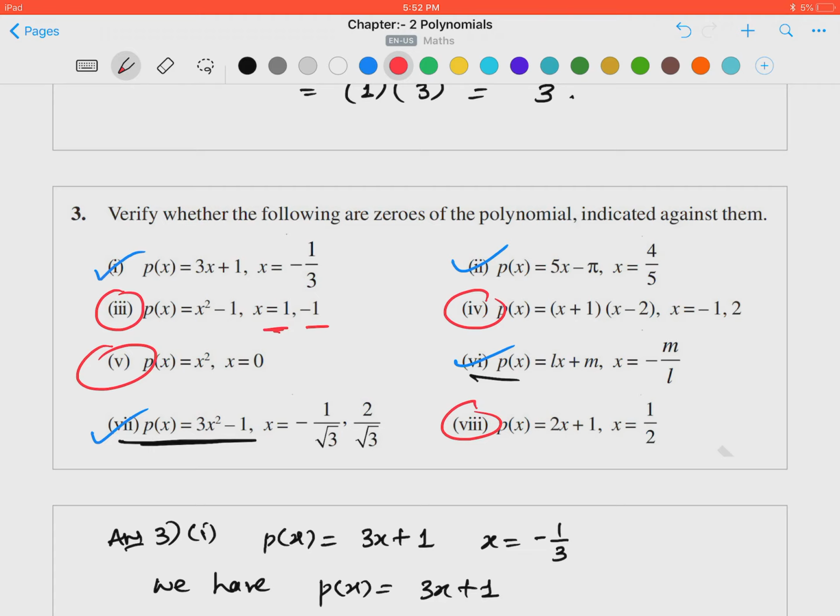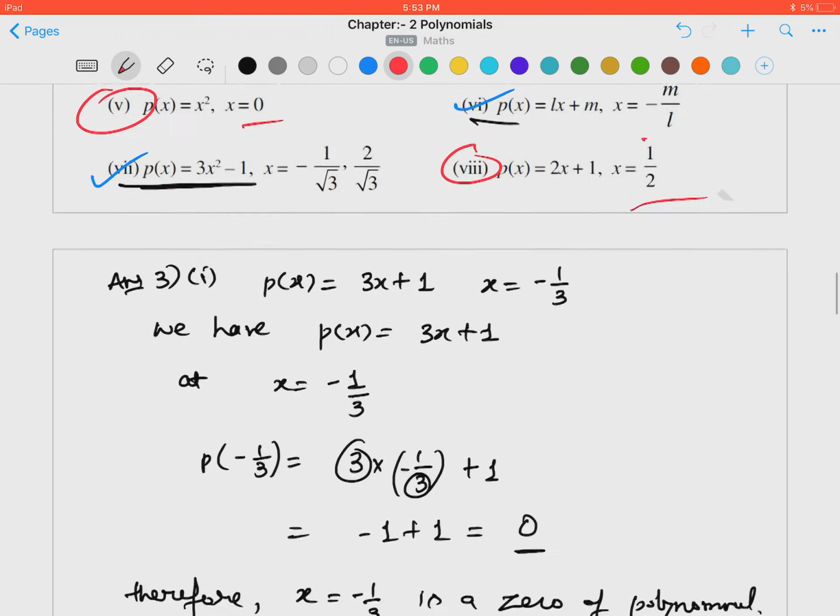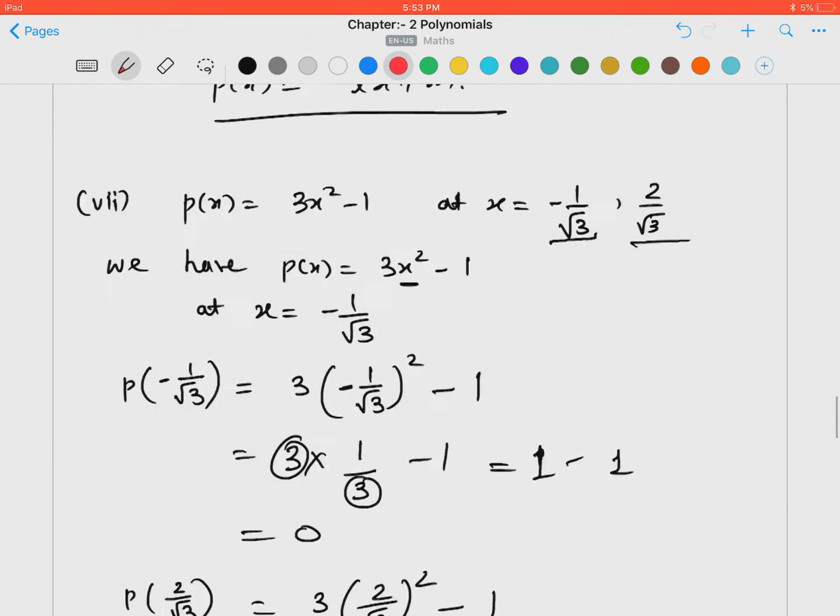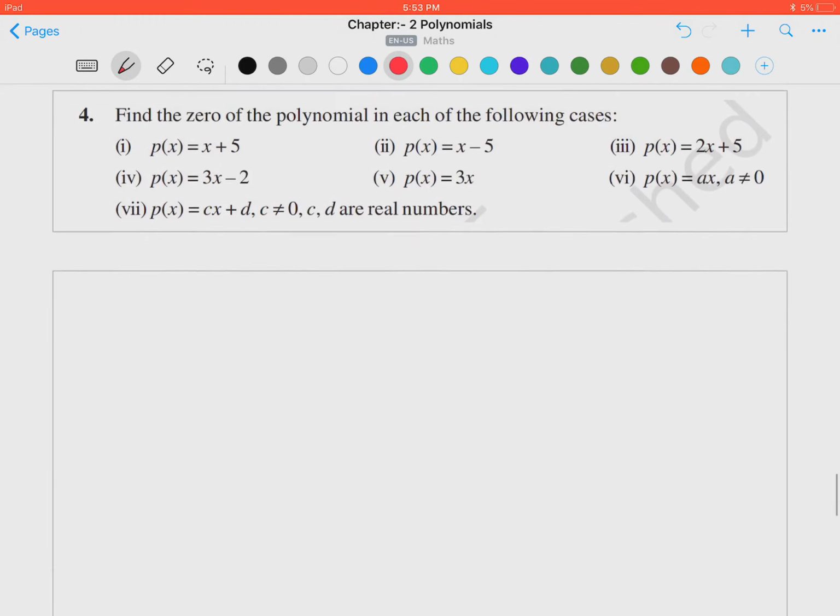So the remaining parts will be homework. Moving ahead to the last question of this exercise, question number 4, which is: find the zero of the polynomial in each of the following cases.